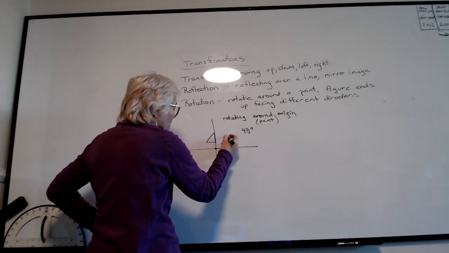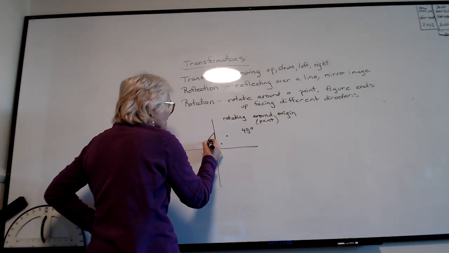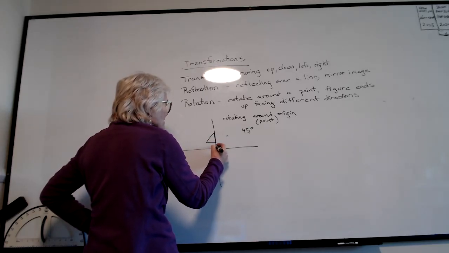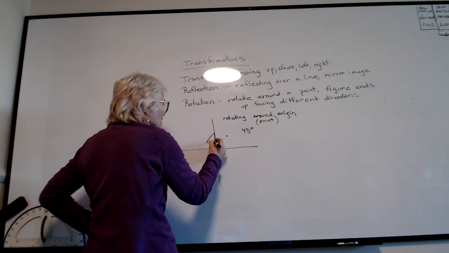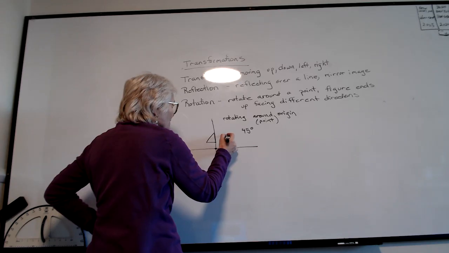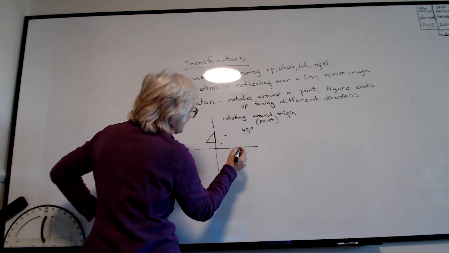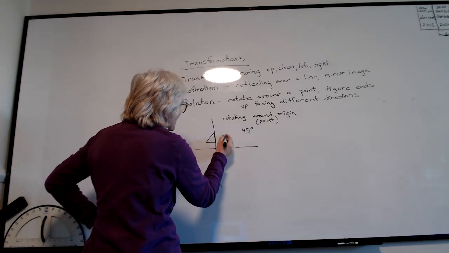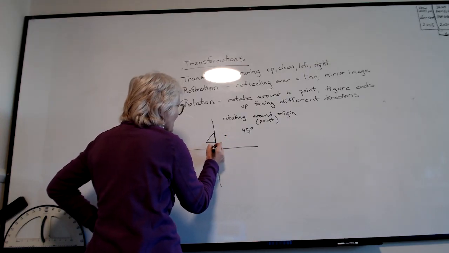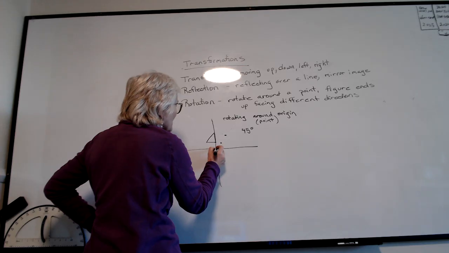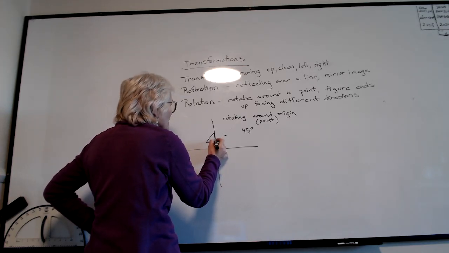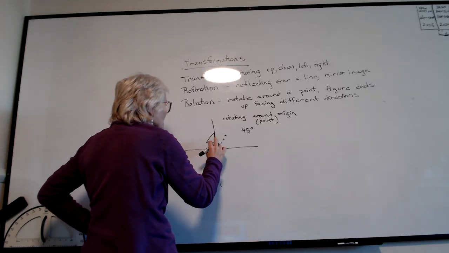And then this point is also going to rotate 45 degrees. Let's see, from here to here is 45 degrees, yes. That's my 45-degree angle. So now this point is rotating 45 degrees, which is really going to put it right about here, but we have to rotate it.